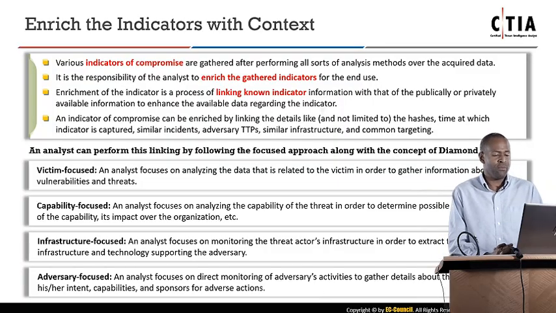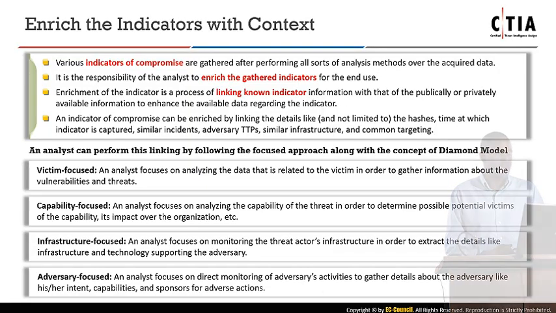So we can perform the linking using the diamond model if we want, victim focused. We focus on the victim and we look at the victim information, and this can give us some insight into that threat. We have capability focused, where an analyst will focus on analyzing the capability of the threat in order to determine possible potential victims of the capability as the impact over the organization.